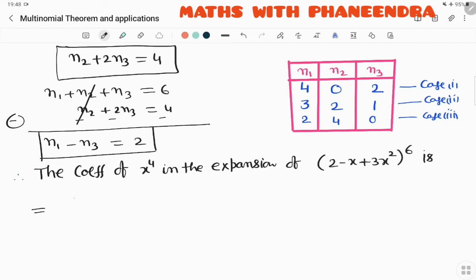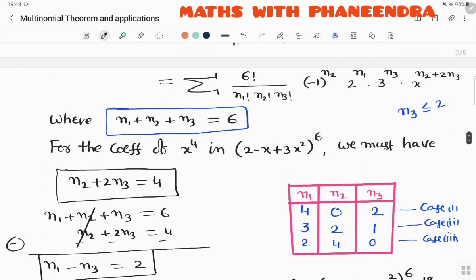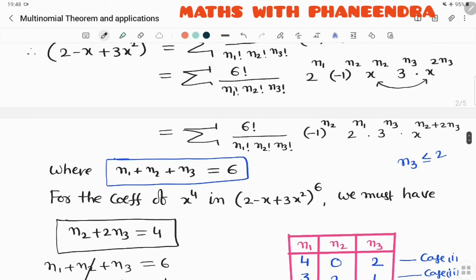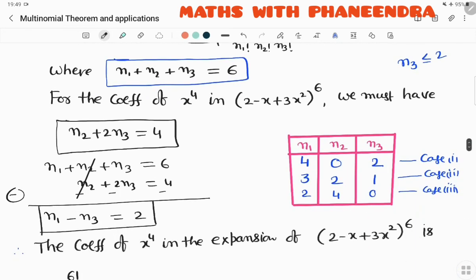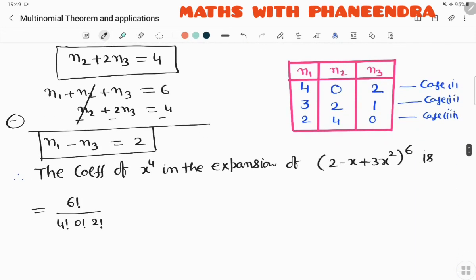That means 6 factorial by, in the first case, 4 factorial into 0 factorial into 2 factorial. Observe carefully. Substitute these values in 2 power n1 into (minus 1) whole power n2 into 3 power n3, so 2 power 4 into (minus 1) whole power 0 and 3 power 2, and the x power is 4, we are taking generally here.